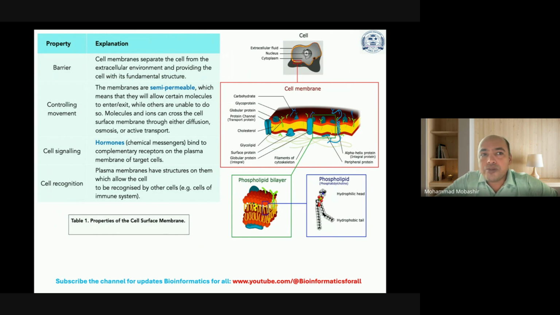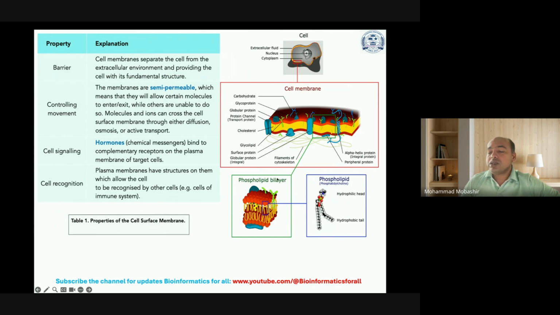After understanding this, you need to understand the function and main properties of the cell membrane. In terms of properties, you can say it acts like a barrier, controls the movement, and acts for cell signaling and cellular recognition. So this is the summarized presentation of the properties of the cell membrane, and you can see how a cell and the cell membrane could look, what their components are, and how the phospholipid bilayer looks.